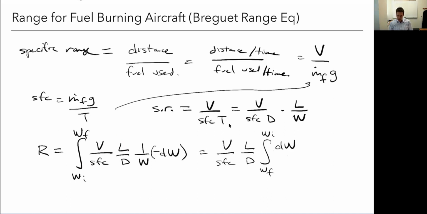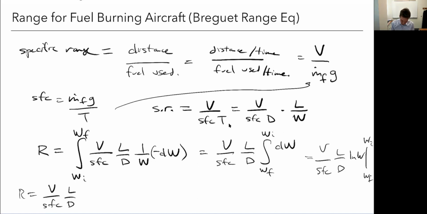If I do that, I just get V over SFC, L over D, times the natural log of W evaluated from initial to final. Which again, if we write this one last time, V over SFC, L over D, that's going to be the natural log of initial minus final, but we can use the log rule, right? That's the same as dividing those two quantities. Okay, so that's what I do.